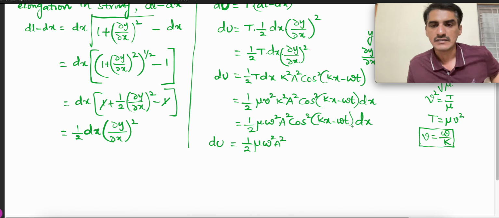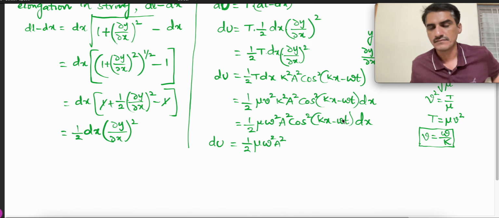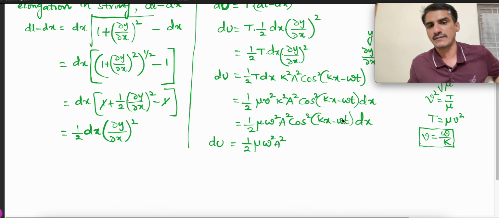For x we substitute the limits 0 to lambda, because we are considering one complete wave.